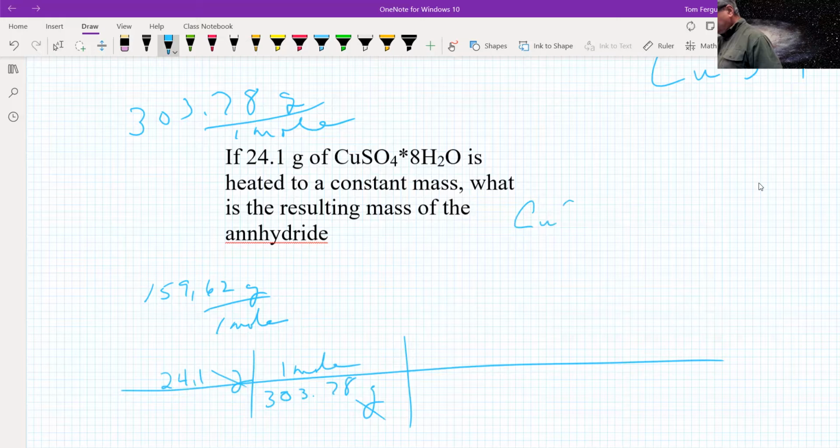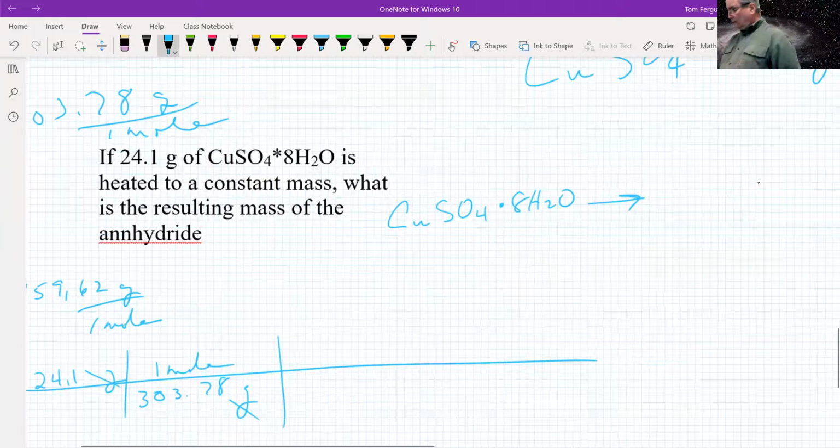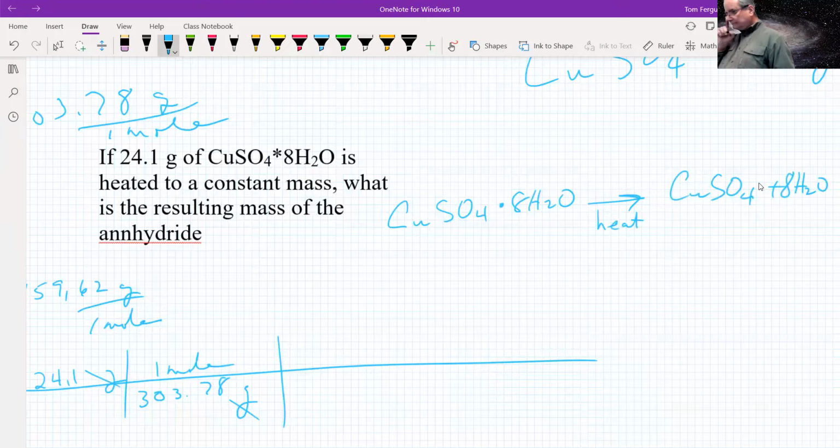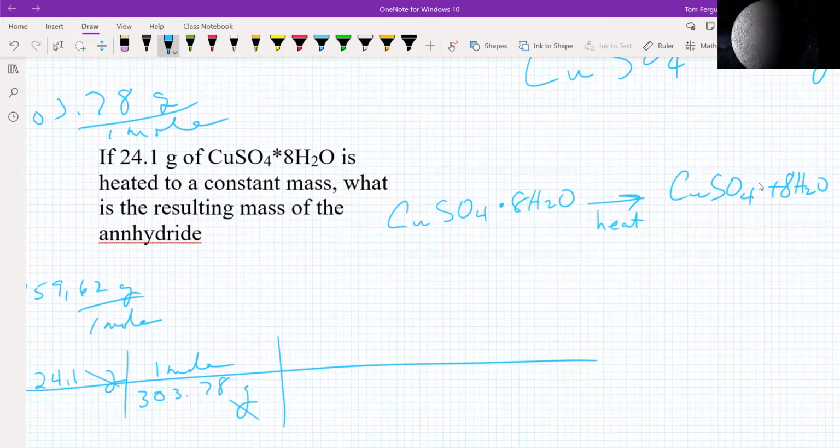We're taking that now with heat to this. My goal is to figure out the mass of the anhydrate. The mass of it.